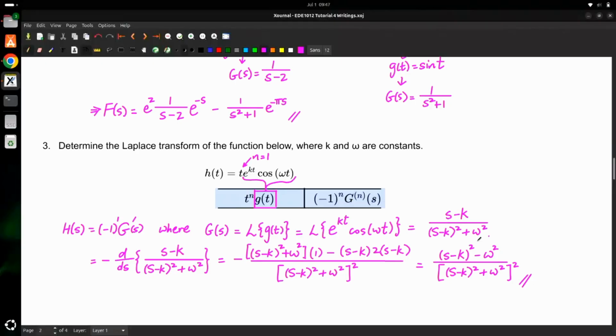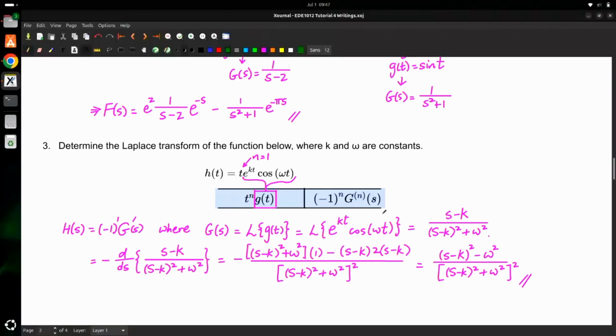Hence you observe that I did the s shifting first. You see the s shifting being applied here. Then derivative second. But you can do the reverse. If you do the reverse, you also get the same thing. Meaning to say, you do t cosine omega t, then after that, you do the s shifting by multiplying the e to the kt.